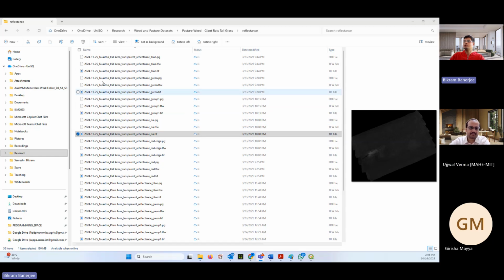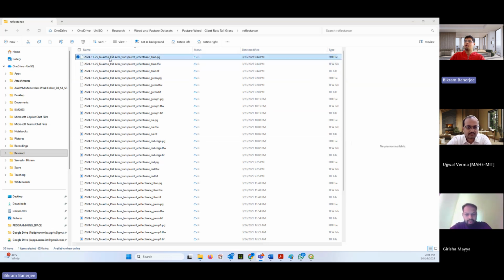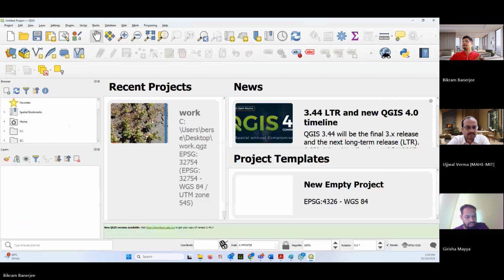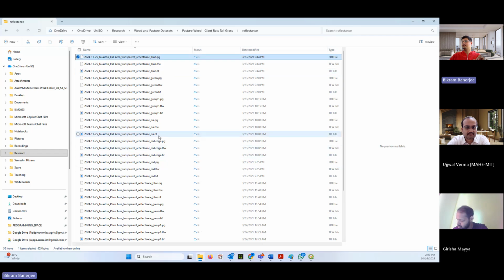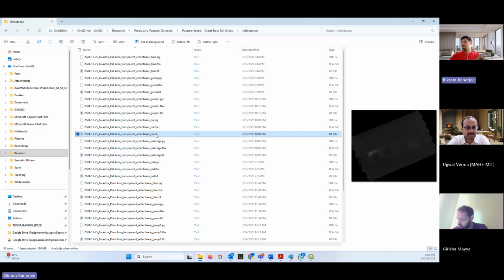Now, there are two areas here. One is the Totten Hill, and another is the Totten Plains area. I don't have the maps to show you at the moment, but if you load it in QGIS, let's see if I can. Maybe I will just put the NIR band.